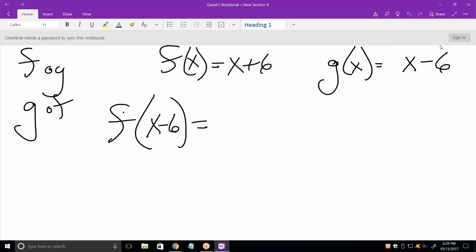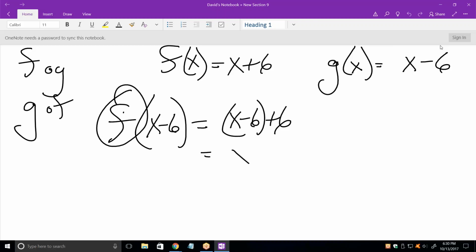Into which function? Into the f function. So we'd get x minus 6 plus 6. Okay. And then can we add? So then we just get x. So f of g is just x.